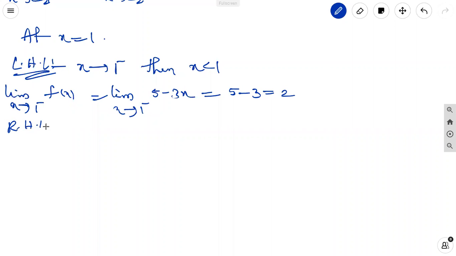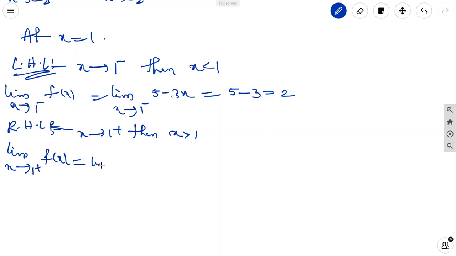Next, for the right hand limit, we can take x tends to 1 plus, then x is greater than 1. So limit x tends to 1 plus f of x is equal to limit x tends to 1 plus (x minus 1) by under root of (x minus 1).